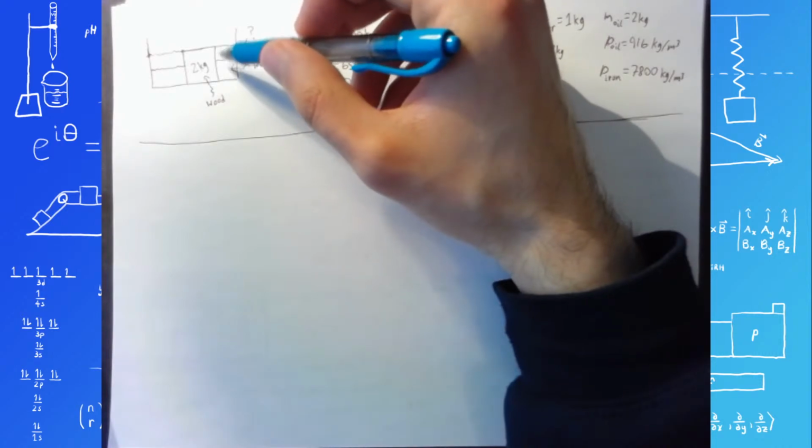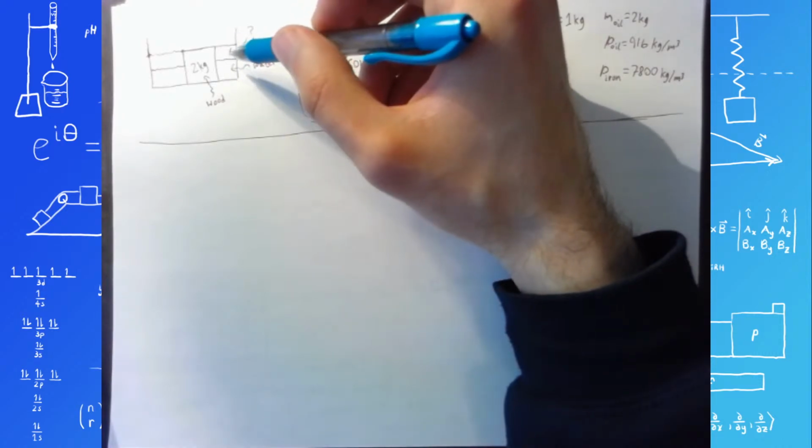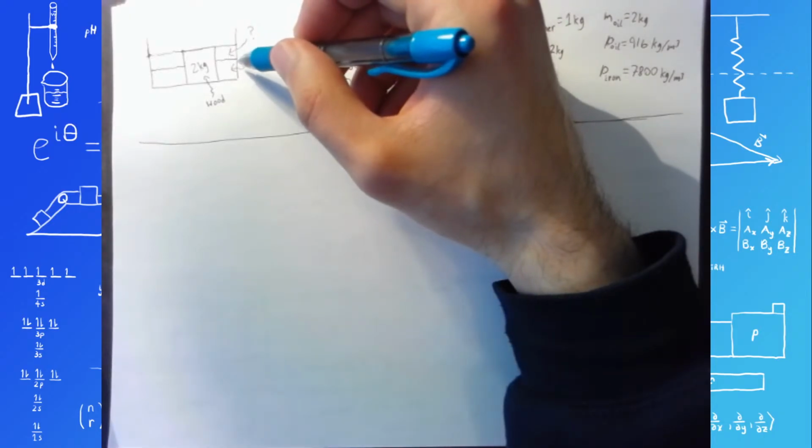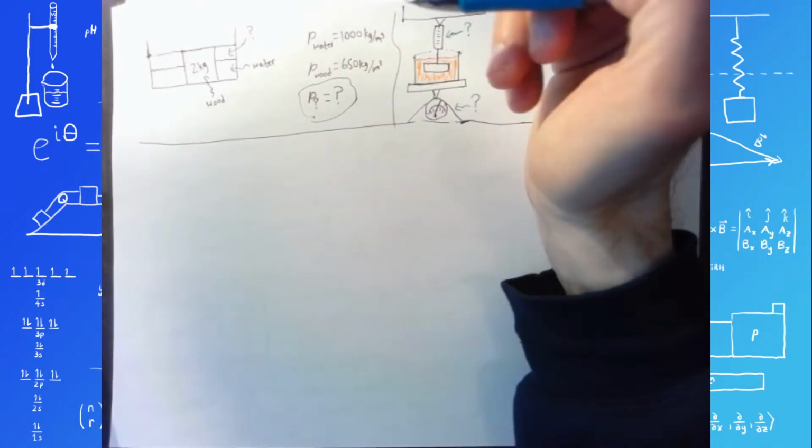I did not give its volume, you're not going to need it in this problem, but it is immersed in water to the point where the water level reaches half of the wood block's height.